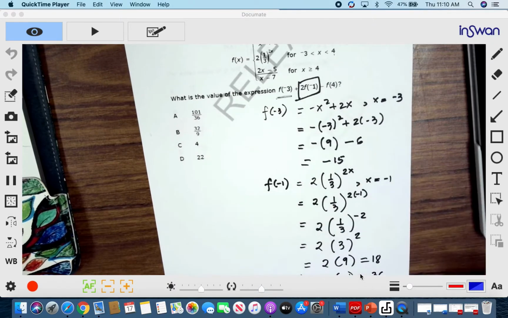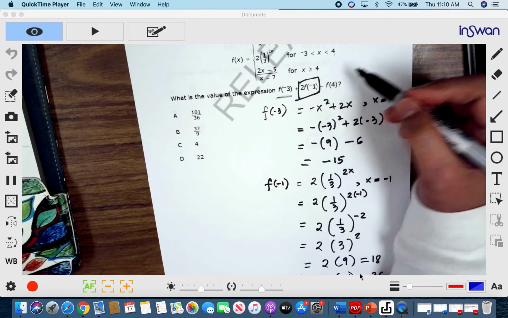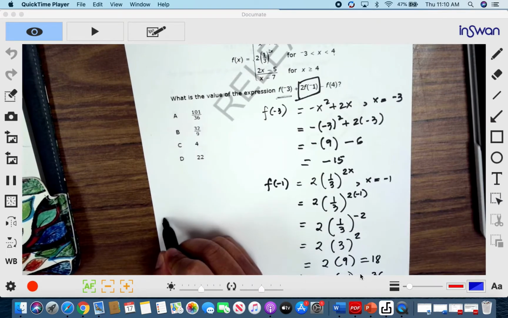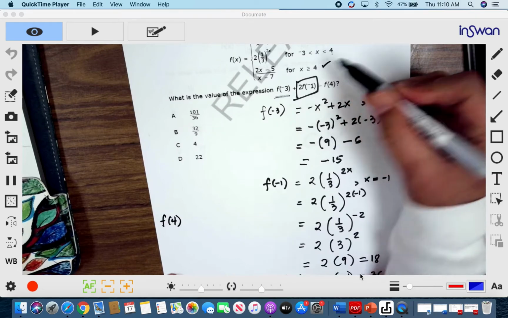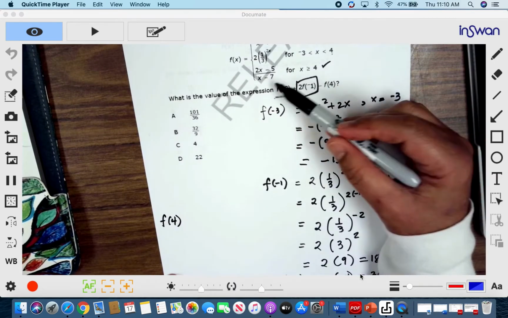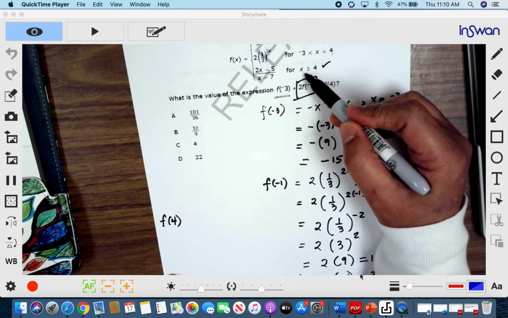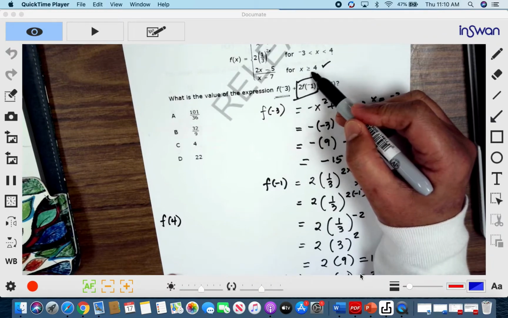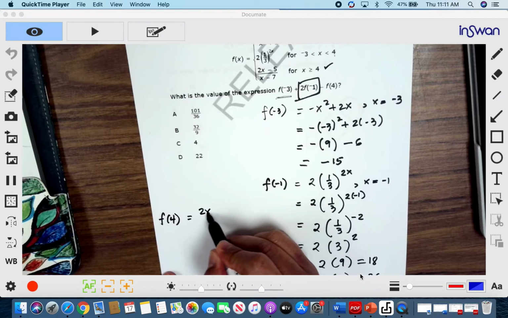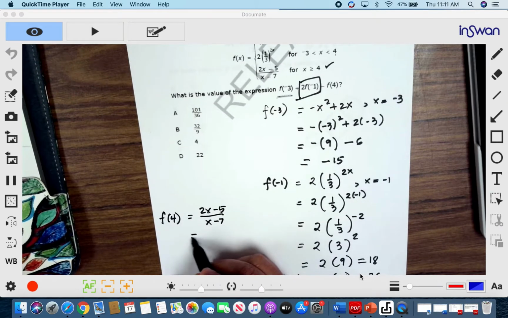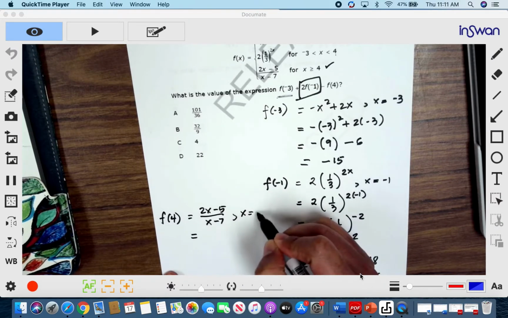Anyway, we'll do it again later. We now go to f(4). Function of 4 is in this area, (2x minus 5) over (x minus 7), because in this condition, x can be equal to +4. So we will make use of (2x minus 5) over (x minus 7), when your x is +4.